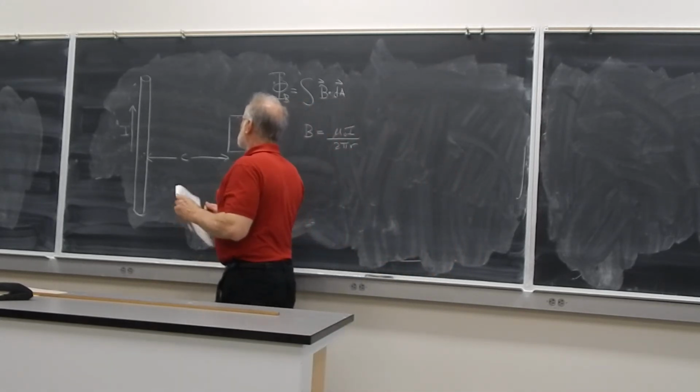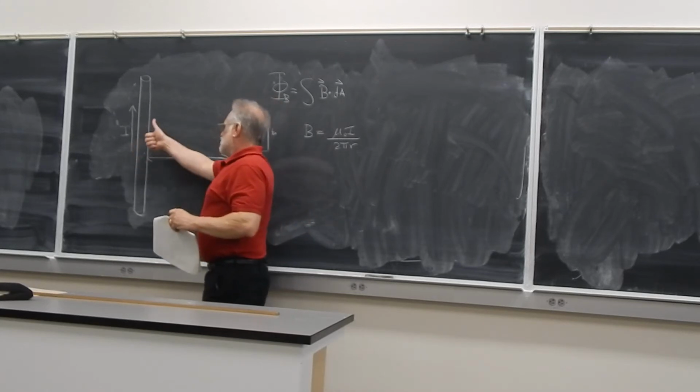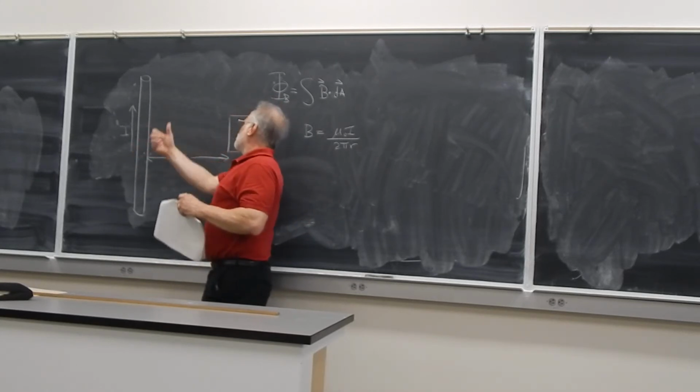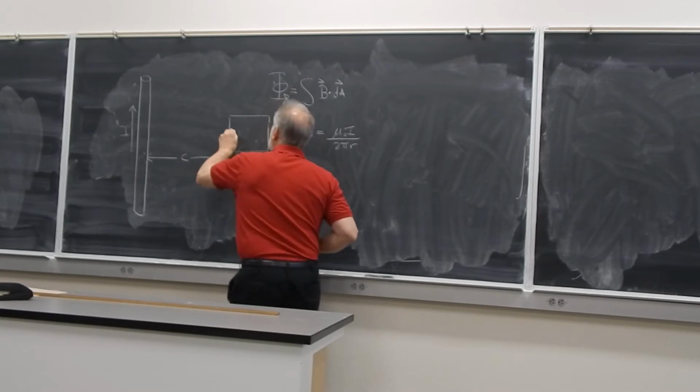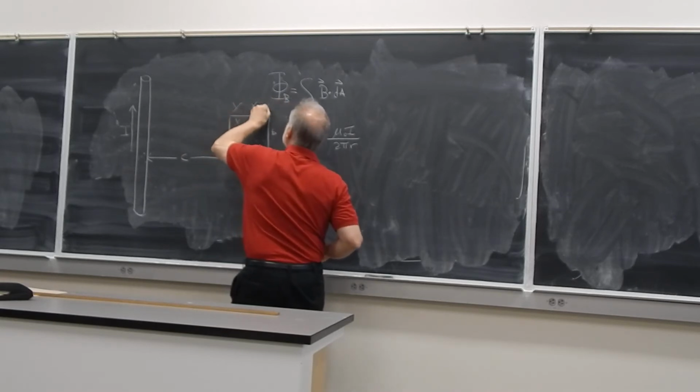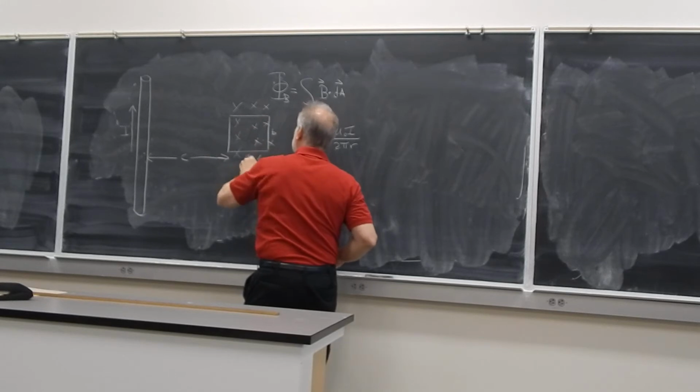Direction-wise, in this case, the magnetic field, since the current is going upwards, the field would be going at all points into the blackboard.